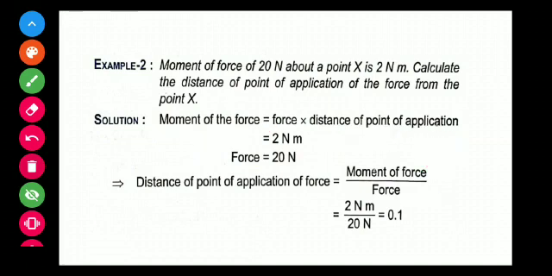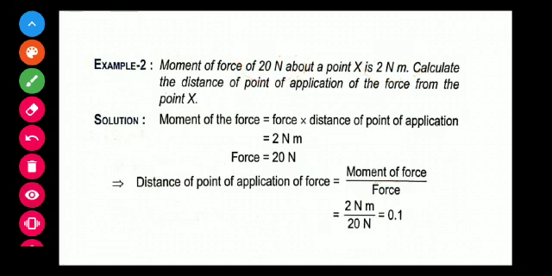What is your moment of force? Moment of force is 2 Newton meter. What is the value of force? Your force is 20 Newton. Therefore, the distance of the point of application of force is 0.1 meter. So, this is your numerical problem.